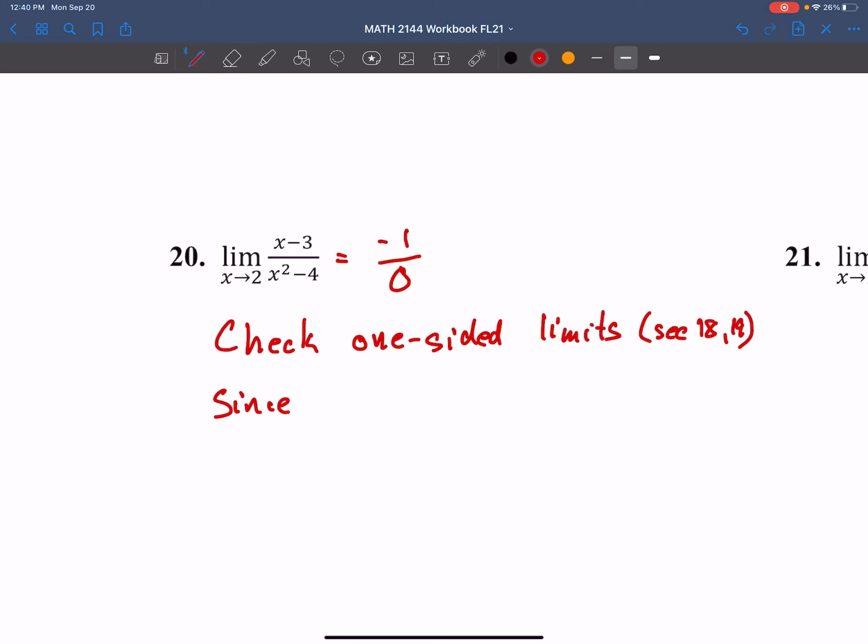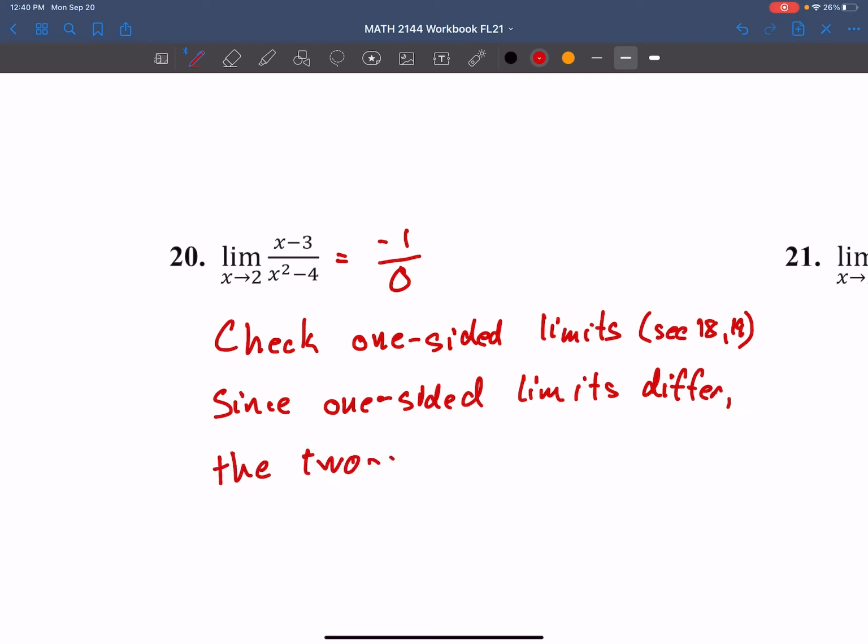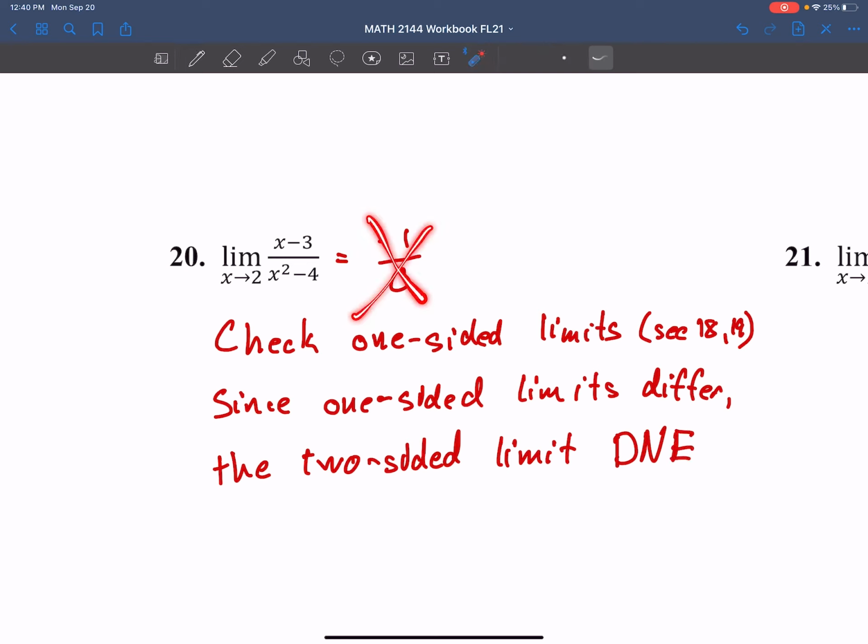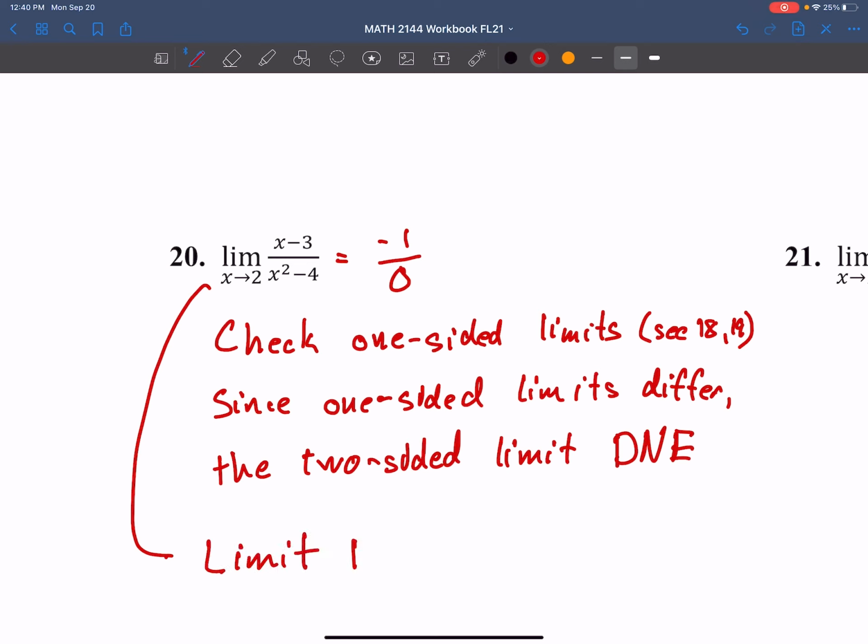Since the one-sided limits differ, the two-sided limit does not exist. So what we would simply say here, we wouldn't say this. What we would simply say is that this limit does not exist.